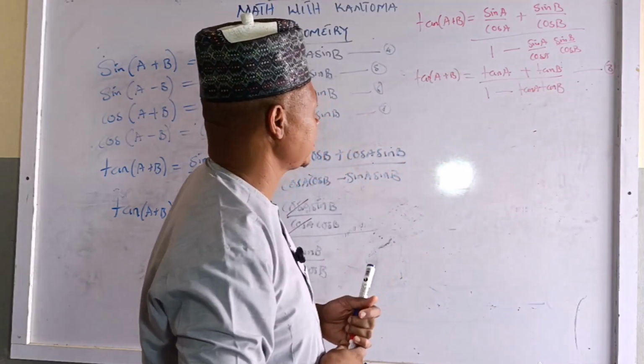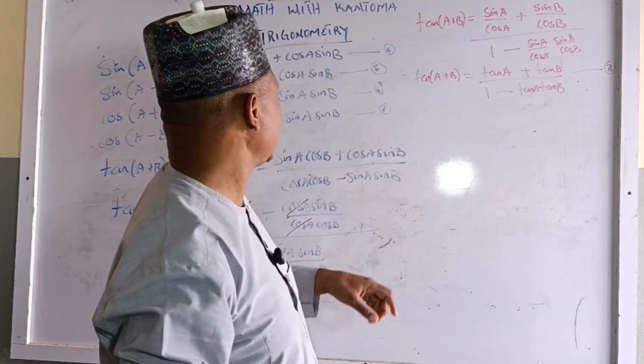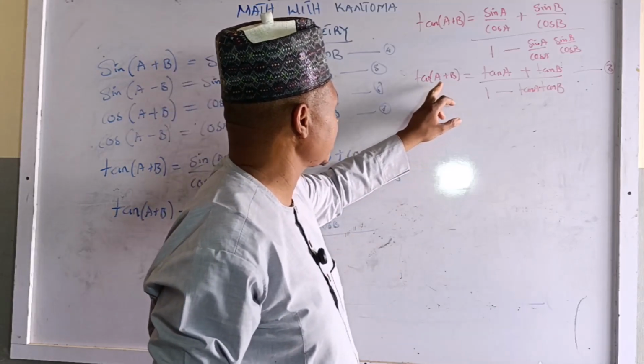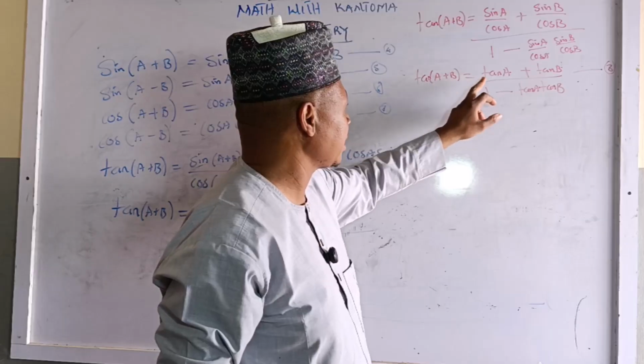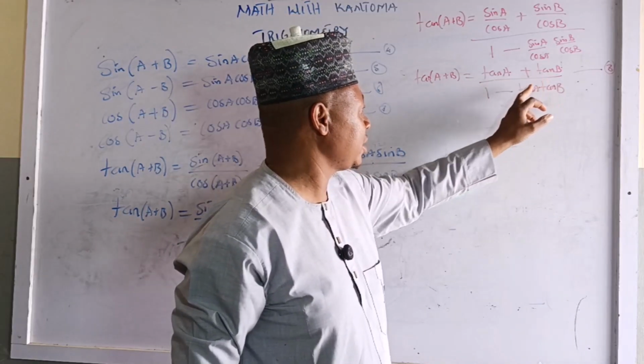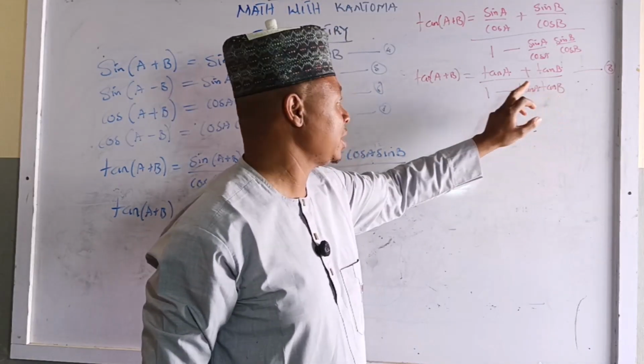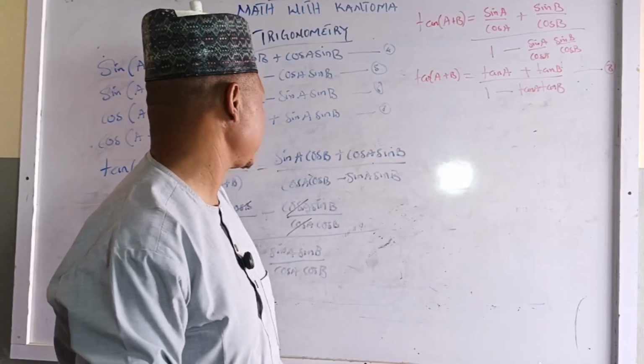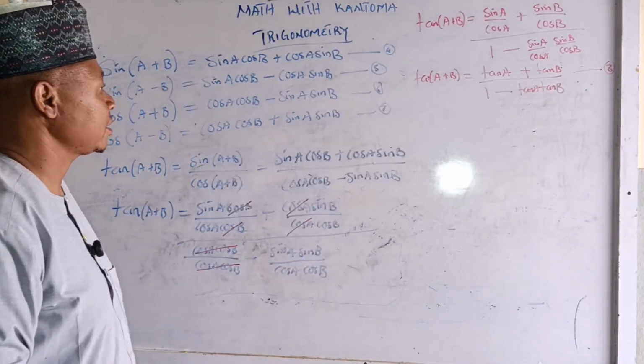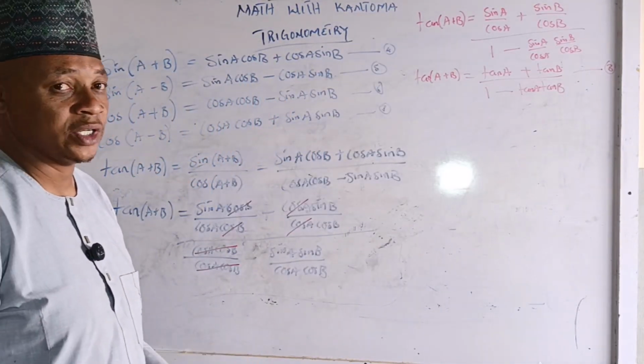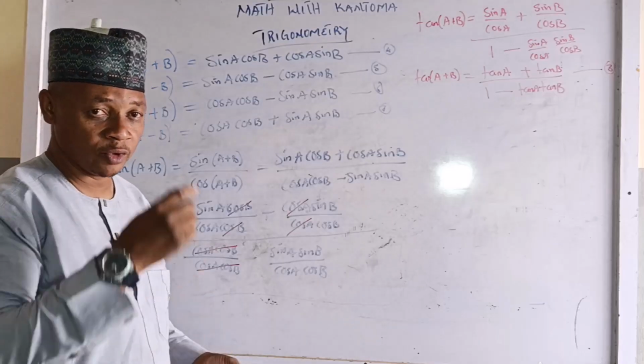So now this is another identity, the sum function for tan: tan A plus tan B all over 1 minus tan A tan B for tan A plus B. So now next, after these equations, we'll be looking at the double angle formulas.